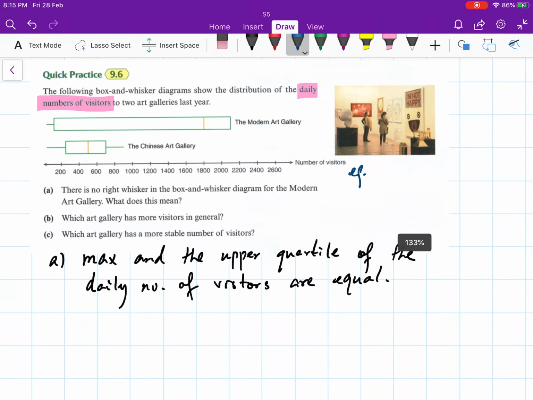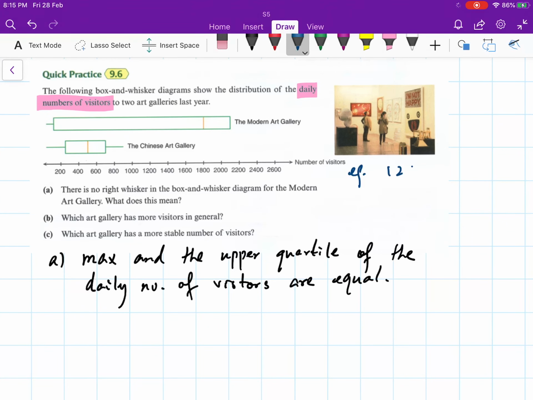For example, I'm using another set of data to explain to you. For example, I give you the data like that: 1, 2, 3, 4, 5, 5, 6, 6, 6, 6. Total 10 data here. So we need to find out Q2. Q2 means the middle of them, right? Let's try to find it. We have 5 data here, 5 data here.